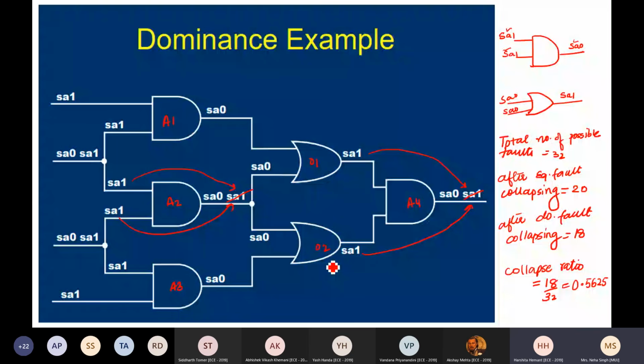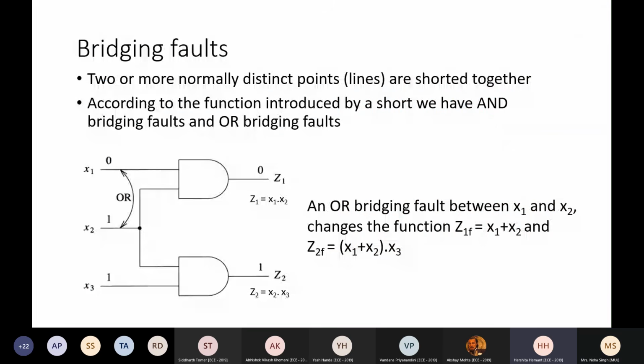Now we come to the next type of fault, that is bridging fault. Stuck at fault क्या थे? एक particular wire की value कुछ रुक जाती है, या तो 0 हो जाती है या 1 हो जाती है. Now comes bridging fault. As the name suggests, bridging fault means this will require two wires to be bridged, to be connected or shorted, right?